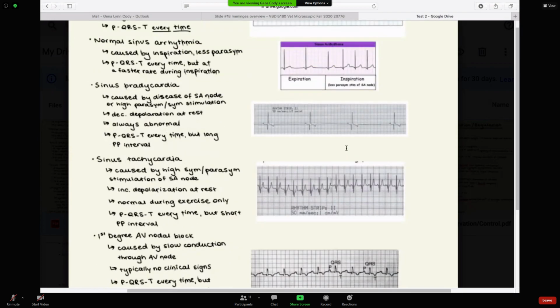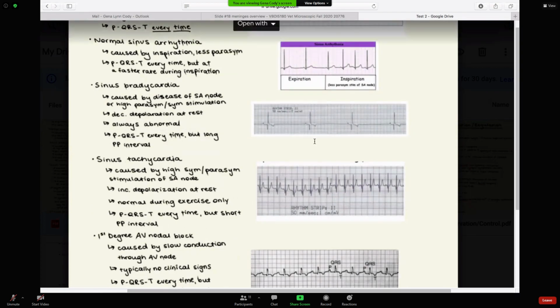Bradycardia and tachycardia: how I was taught to remember it was, braiding your hair takes a long time. It's slow. If you sit on a tack, you're going to jump up fast. It's fast. It's helped me remember it. Maybe it'll help you. So bradycardia, it's slow. Tachycardia, it's fast.